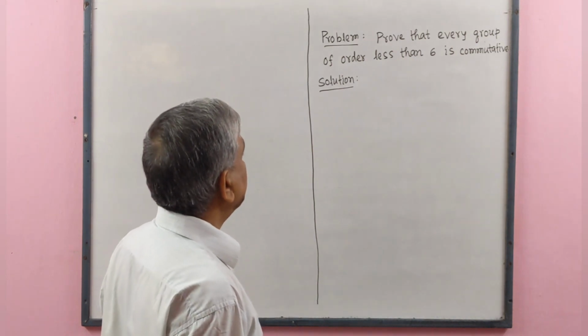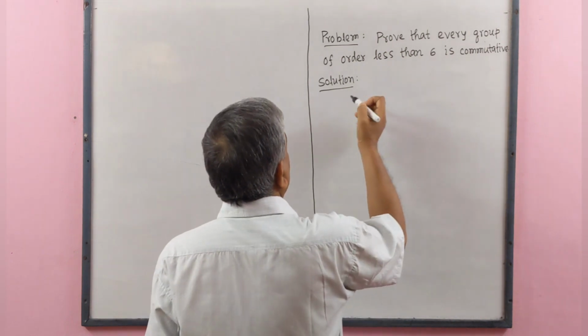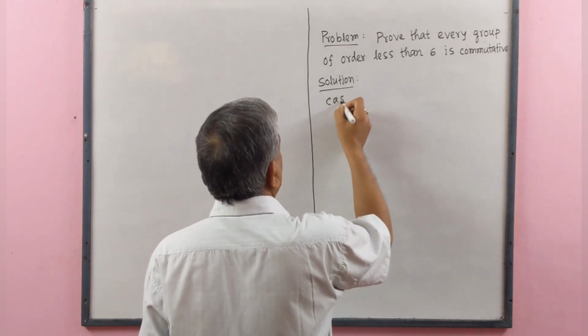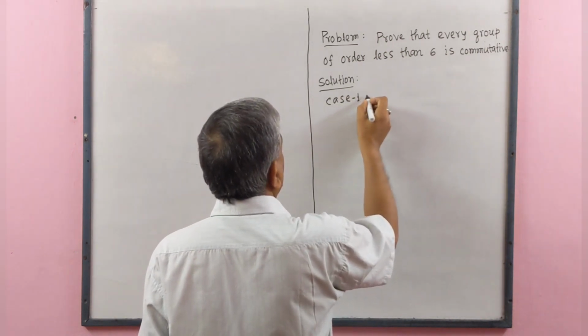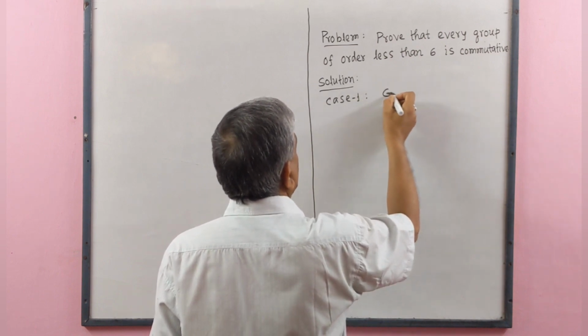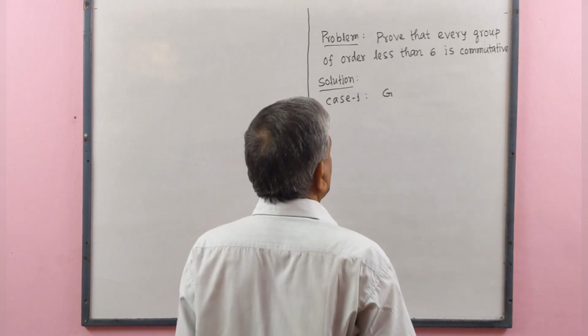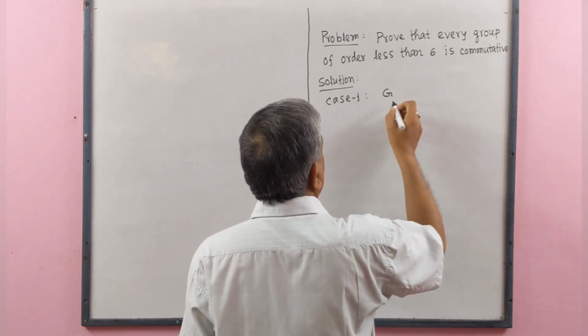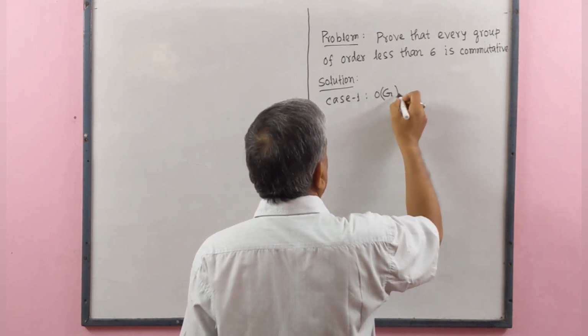We shall prove this. Case 1. Let G be a group whose order is 1.